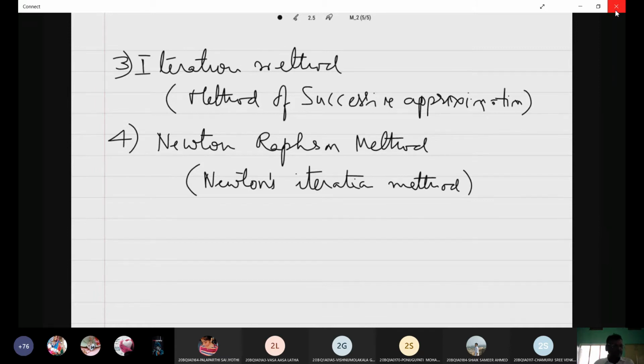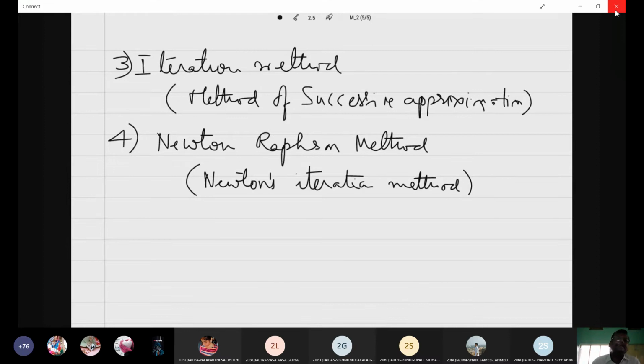These are the methods that we have to study for finding the approximate root of algebraic or transcendental equations. Now, iterative methods are further classified into two types.